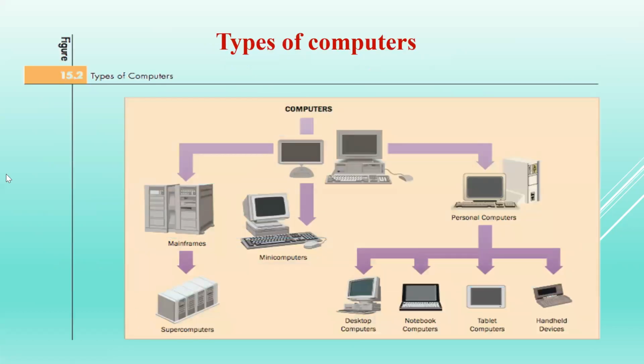Here we can see the types of computers. Notebooks, desktop computers, tablet computers, and handheld devices are our personal computers, and then minicomputers, mainframes, supercomputers. I think nowadays we use our notebooks, tablets, and desktop computers, yes?